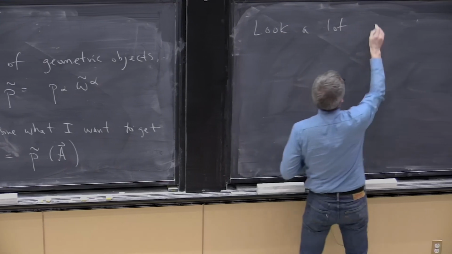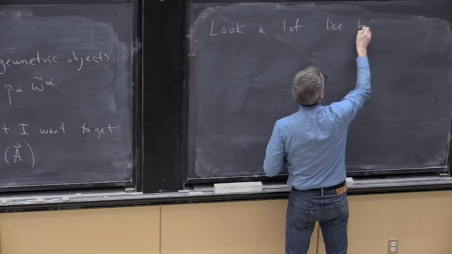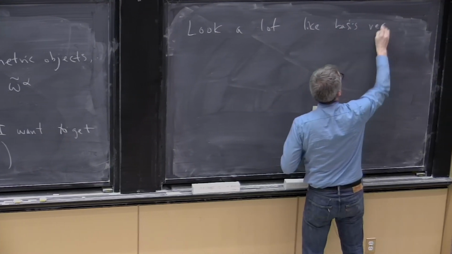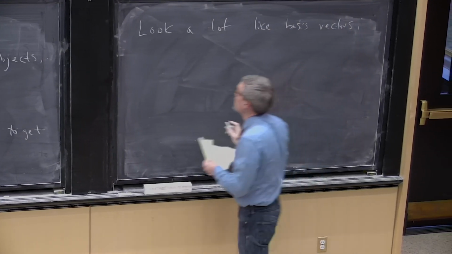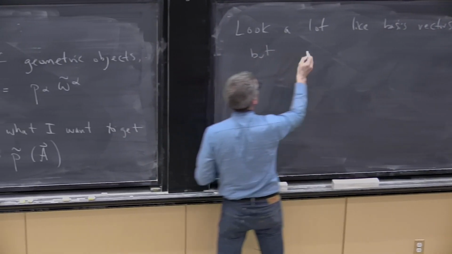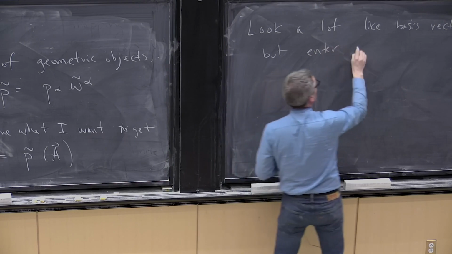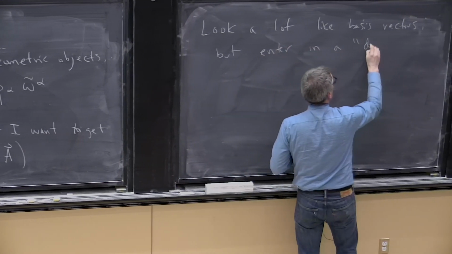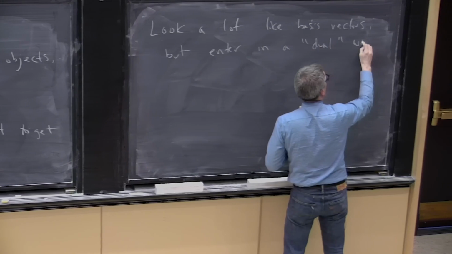So these look a lot like my basis vectors. They enter in a dual way.